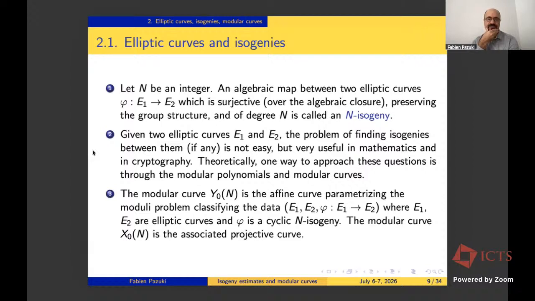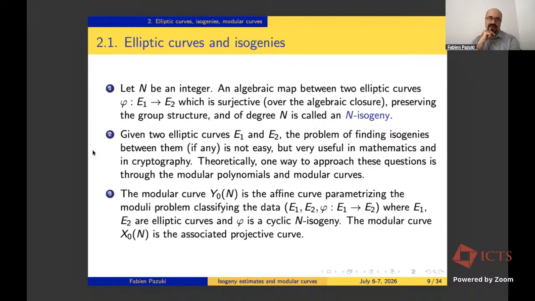Okay, so we have some curves, we have some maps, and now we're going to use this. The modular curve Y naught of n is an affine curve that parametrizes the following moduli problem, where you take the data E1, E2, two elliptic curves over the base field, and phi being an isogeny in the sense that I described from E1 to E2.